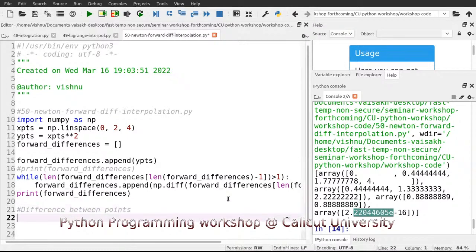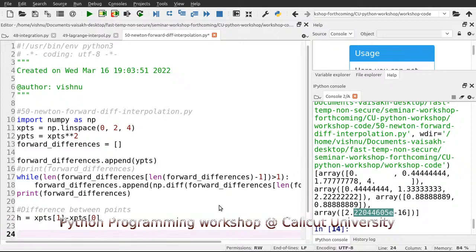Anyway, we have taken equally spaced points. So h equal to, let us take the first 2 points and find the difference of that. x points 1 minus x points 0, assuming that at least 2 points are definitely there.